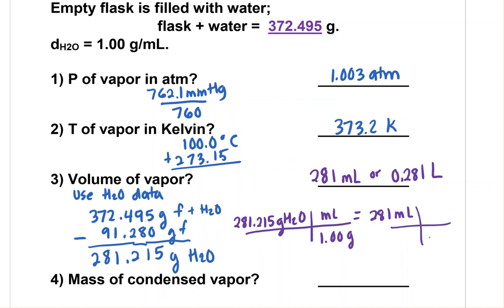That's just like a simple conversion like that. So the key here on this one, the volume of the vapor is equal to the volume of the water that's in. That's the tricky one.